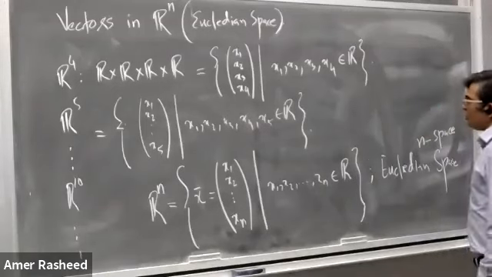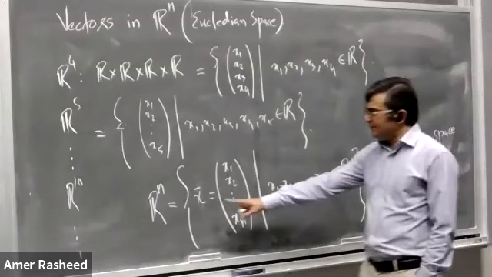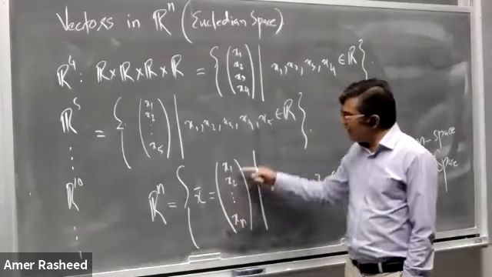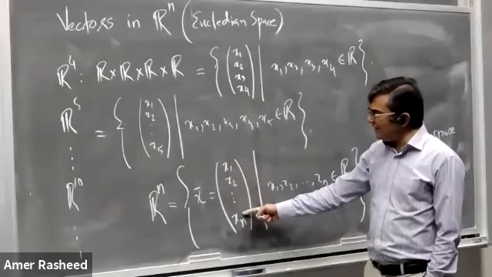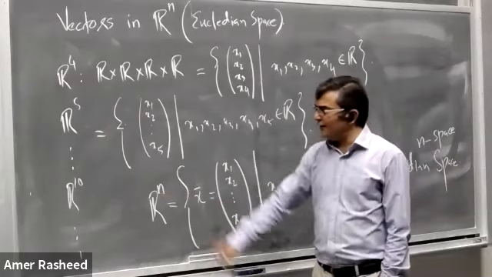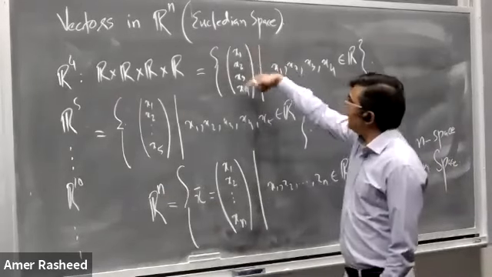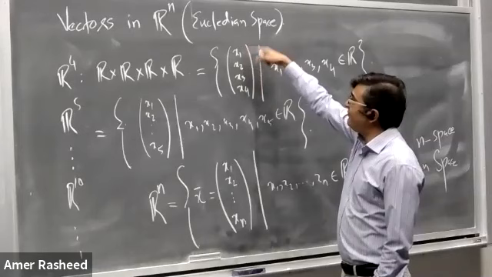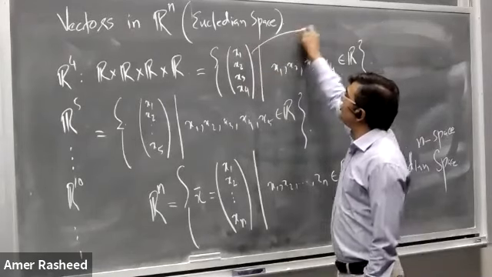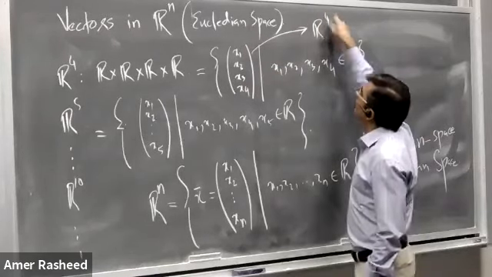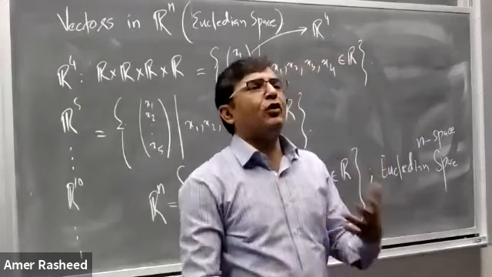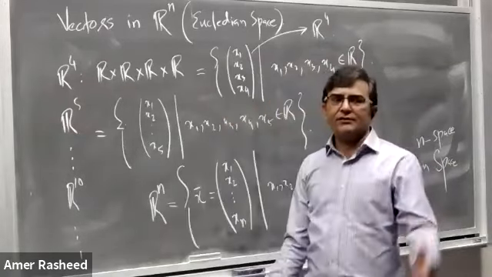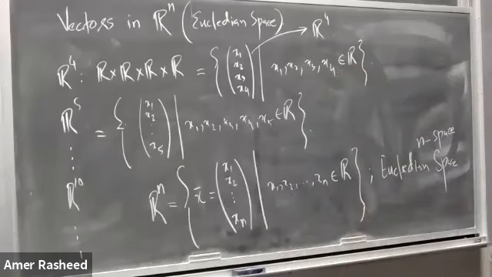So if we don't know what space this vector belongs to, we can count its components. How many components does this vector have? N components, so it should belong to Rn. How many components does this vector have? 4 components, so it should belong to R4, because it's a product of 4 real lines, a set of 4 real numbers.